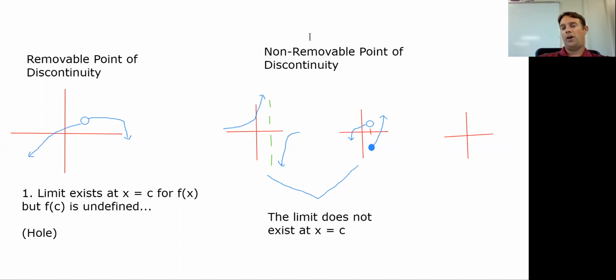The other type of non-removable point of discontinuity is when our graph, and this was kind of the weird one, we saw this on an example a couple days ago, has a function value, so the function value exists, but the limit doesn't meet it.